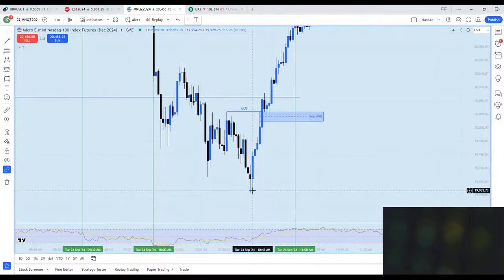But the fact that price took out this low, it created this low, and instead of making a newer low, it took out this high. So as soon as price takes out the most recent high, that is considered a breaker structure.